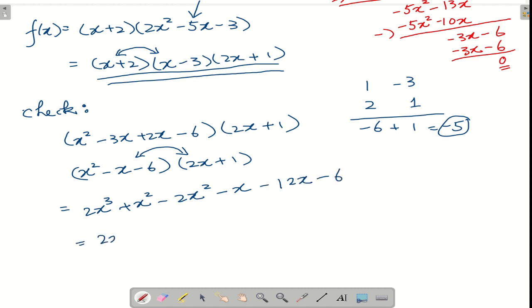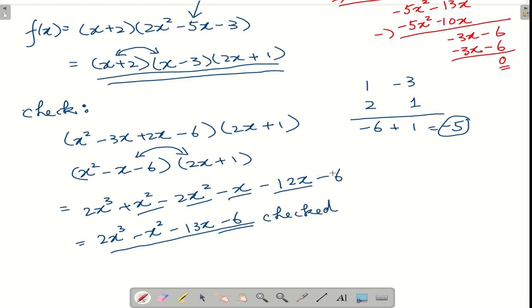So this term is 2x cubed, x squared here, x squared here. We have minus 2x squared, minus x and minus 12x. We have minus 13x, minus 6. So we have checked. Okay, this is question 1. And now we go to question 2.